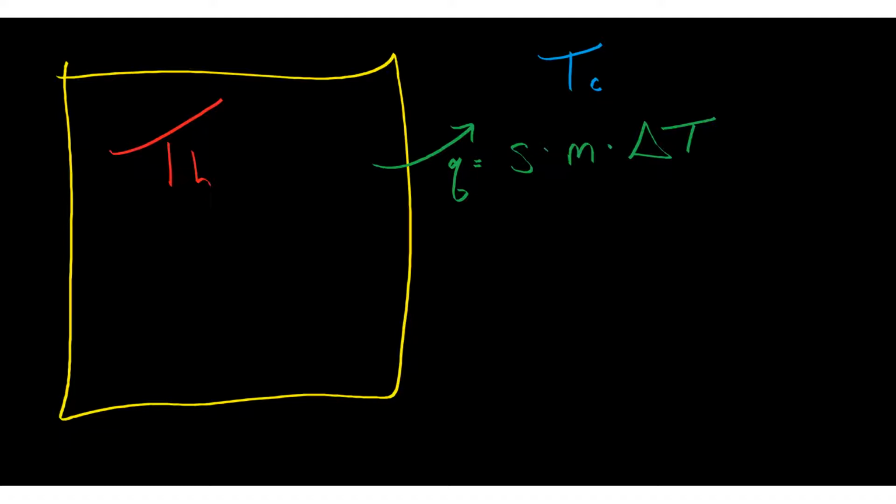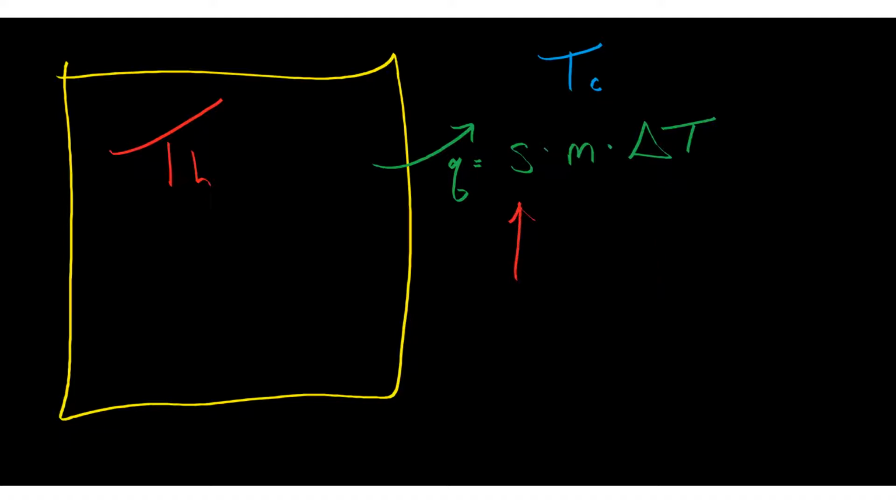What's going to happen is that it's going to lose heat into the environment, and that heat is going to be equal to S m delta T, where m is going to be the mass of this block of iron. Delta T is the difference between the hot temperature and the cold temperature, the temperature change of the block as it cools from its current high temperature down to the same temperature as the room it's sitting in. And of course, S is the specific heat capacity.